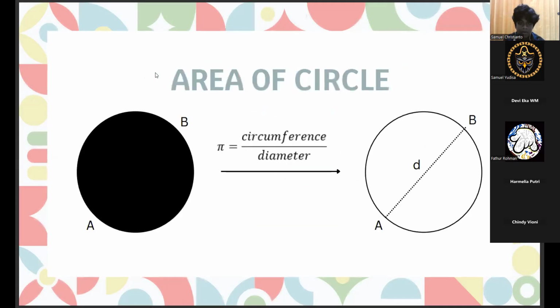Welcome to the area of the circle. The right one from the previous page is called the area of the circle because it contains all the area inside of the circle, inside the curve. Before we go on, there is an important constant that is so necessary for the circle. That's pi.